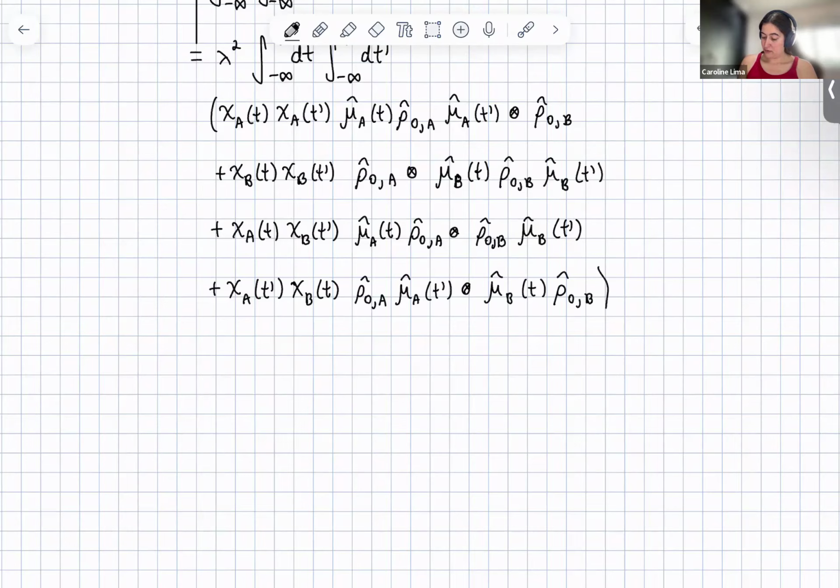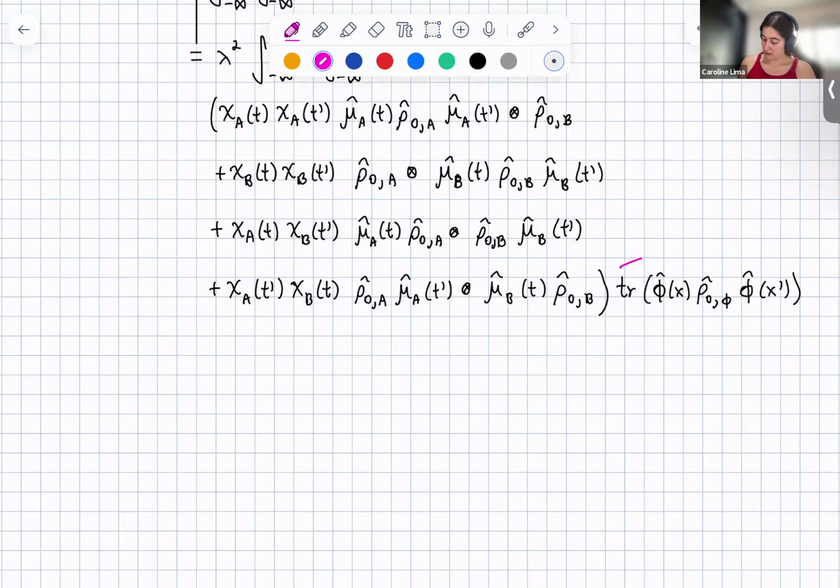And of course, all of those terms would come with this trace of rho of x. Then I had the state of the field, right? The initial state of the field. And then phi of x prime on the other side.